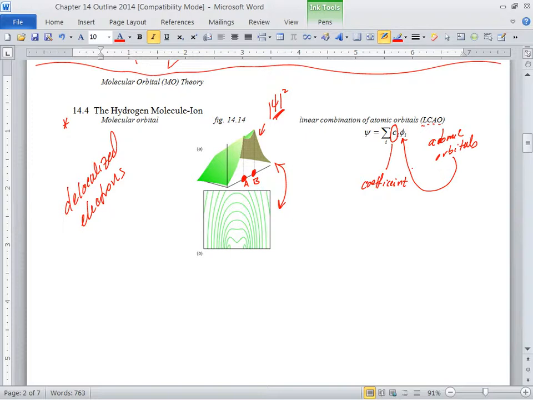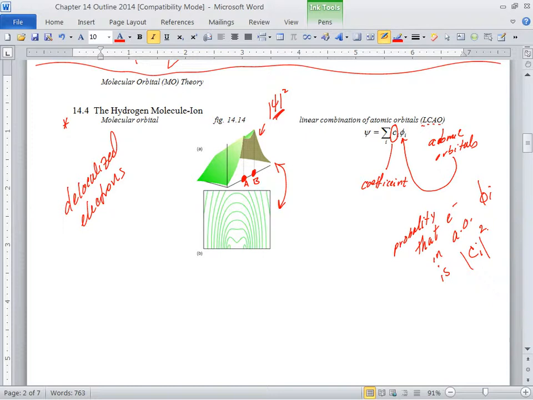I don't know if you remember this, but you have to square the coefficient to get the probability. It's a very different way of adding probability than in the macroscopic world.